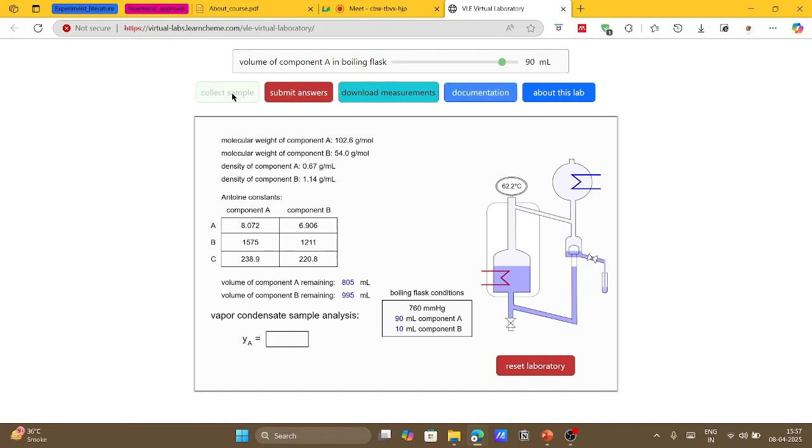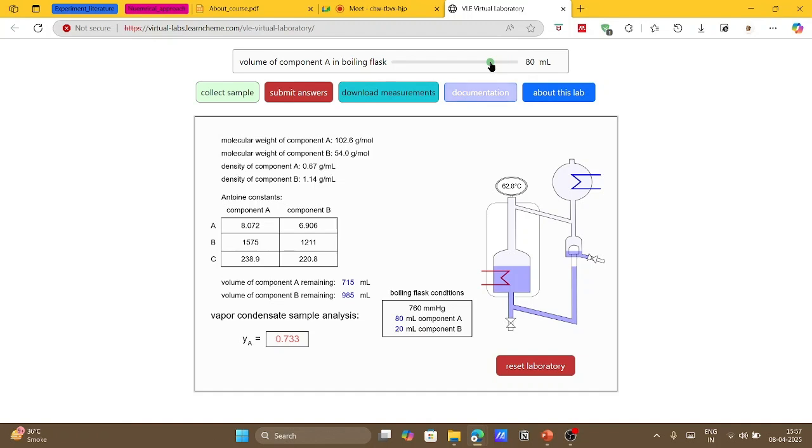Collect the sample. Here we don't have to wait for the heating rate or equilibrium to be achieved, since it's a simulator. While in an actual experiment you have to wait for a steady state to be attained first, and then collect the sample for the calculation part. Right? So I will take a 5 ml interval at both ends, while a 10 ml interval in between.